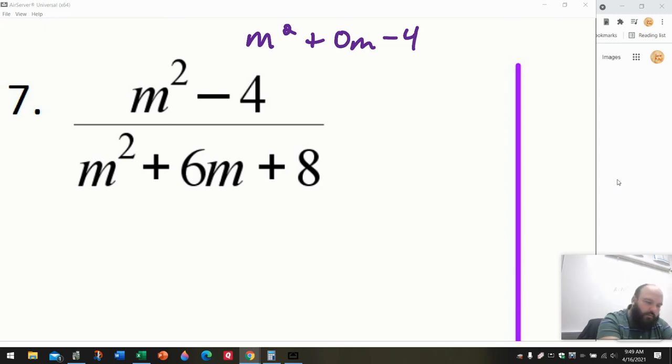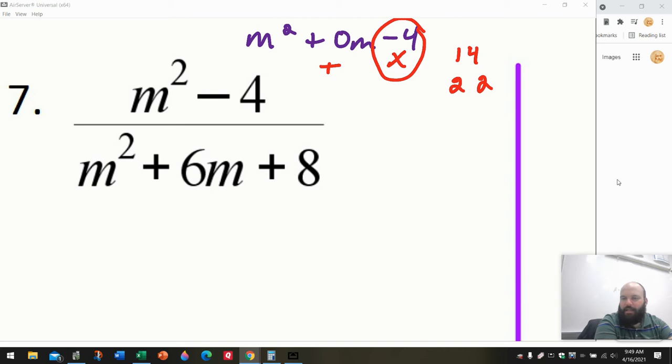Now, we need two numbers that will add to give us 0 and multiply to give us -4. Well, we have two pairs of factors for 4. We can either use 1 and 4 or 2 and 2. Now remember, they need to multiply to be a negative number. They need to multiply to be -4, which means one or the other has to be negative, but they also have to add to be 0.